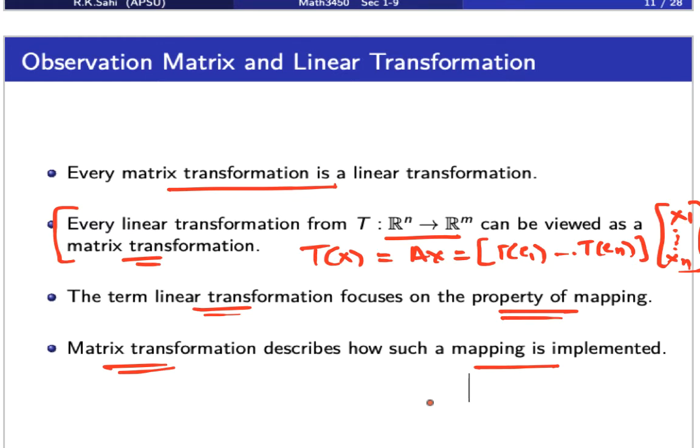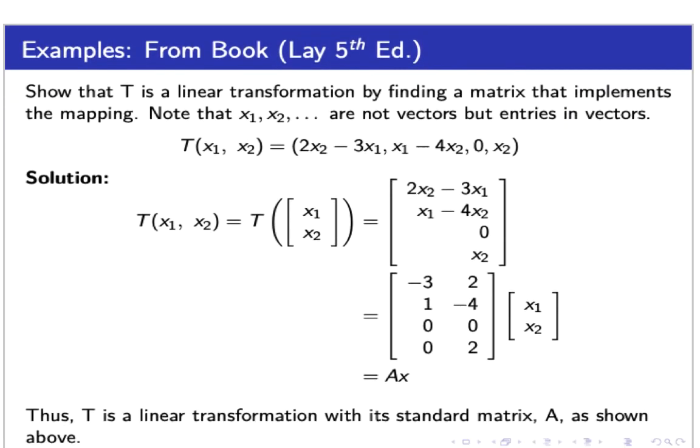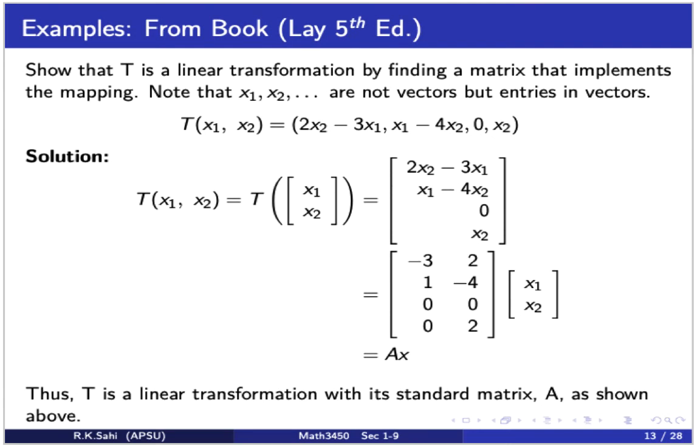Okay, we've done a lot of theory, guys. Examples time. Let's do it. Now, show that T is a linear transformation by finding a matrix which implements that mapping. T of x1, x2 goes to the element 2x2 minus 3x1, x1 minus 4x2, 0, and x2.